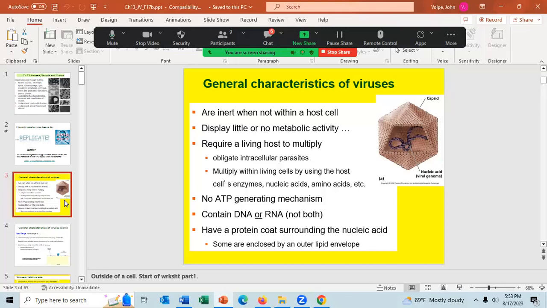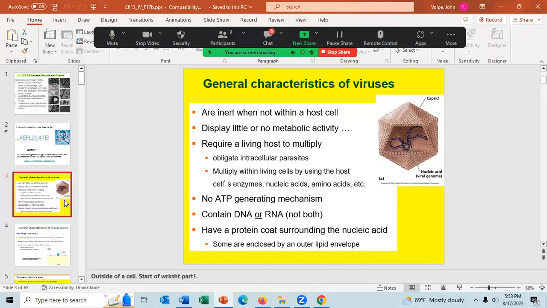Viruses have to live within a host cell, so we can say they are an obligate intracellular parasite. They cannot reproduce, and in fact, they cannot have metabolism going on unless they're inside their host cell.